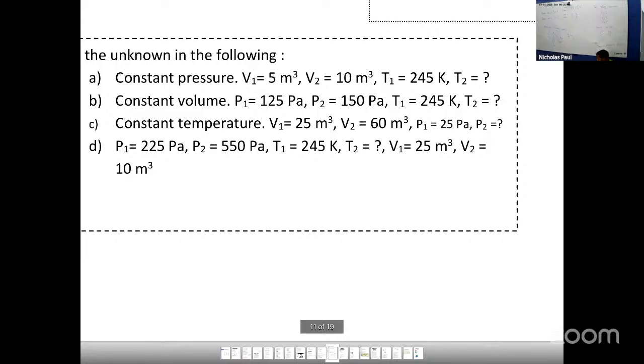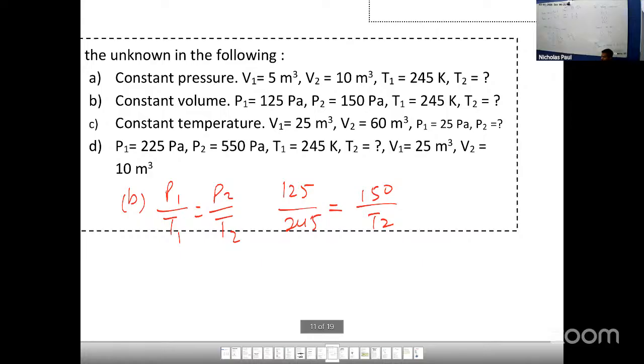Right, so for the second one, part B, which law did you all use? Constant volume means the pressure law. P1 over T1 is equal to P2 over T2. P1 is 125, T1 is 245, P2 is 150, and T2 is what? We have to find it. Cross multiply.